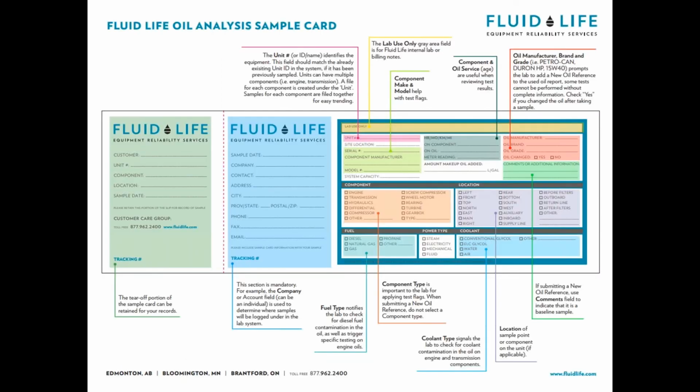Now here is a sample card, and at minimum what we need is customer, the unit ID or serial number, component ID or type, and the more data you provide, the less time it takes for processing. It's really important to have an equipment list prior in this case, and a properly completed sample card ensures more efficient lab processing. And as I mentioned, we're kind of moving away from this, so you can purchase the labels, or you can print them off from our website.